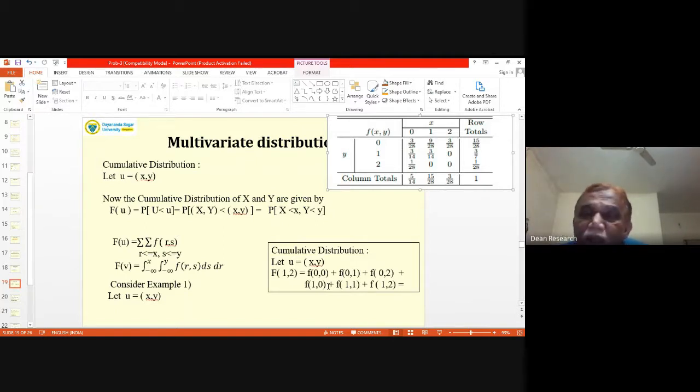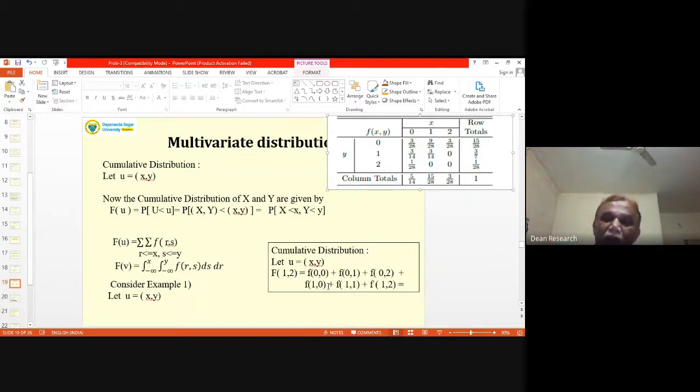You are right. Now, further you'll have to consider, because s can be either 0 or 1, right? So f of 1, 0, second column, you are right. F of 1, 0 plus f of 1, 1 plus f of 1, 2. So the first two columns of the table should be added to get capital F of 1, 2.